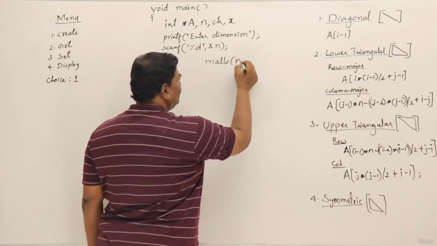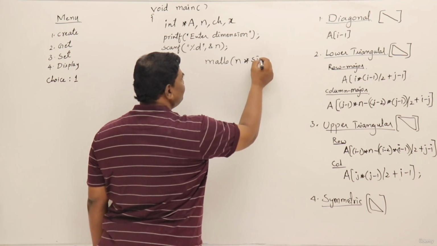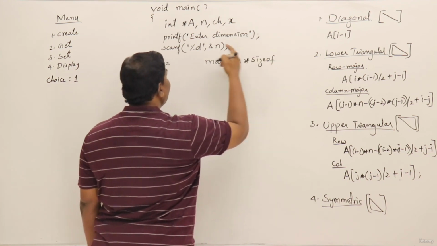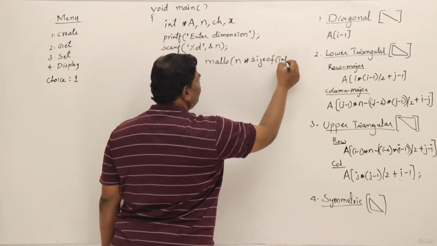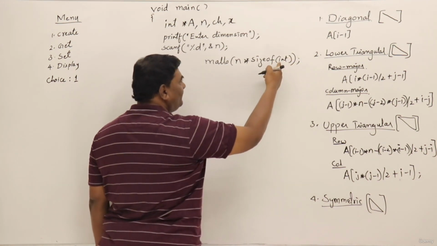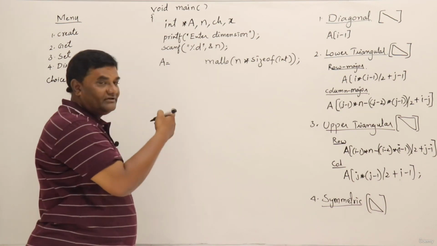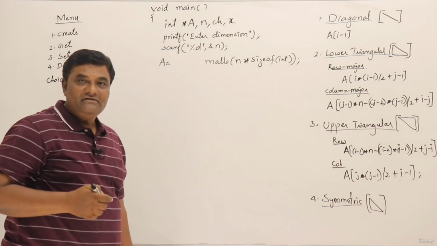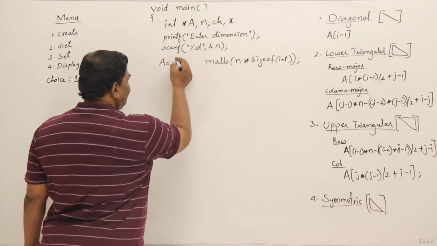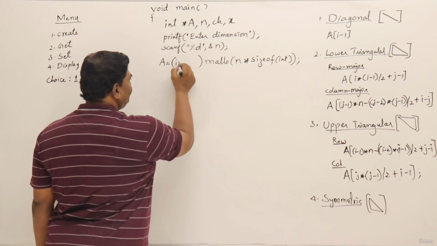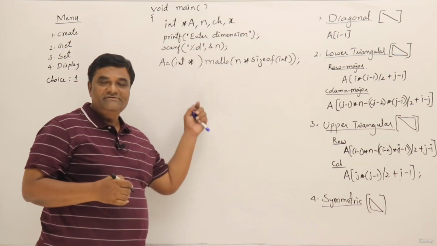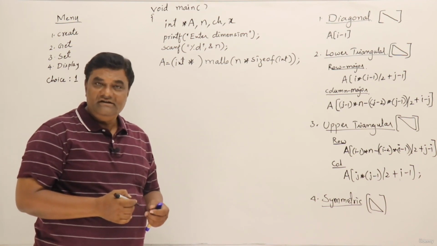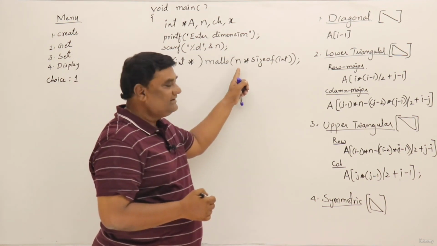So n into size of integer, because this is an integer array, so size of int. So this may be a 2-byte integer or 4-byte integer, whatever the size of an integer is, that size is taken. And I should typecast the pointer of type int. So this will create an array in heap for this size n.